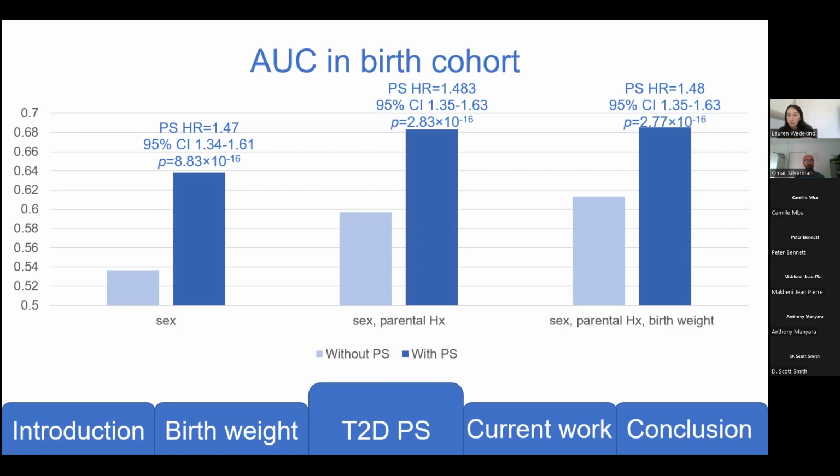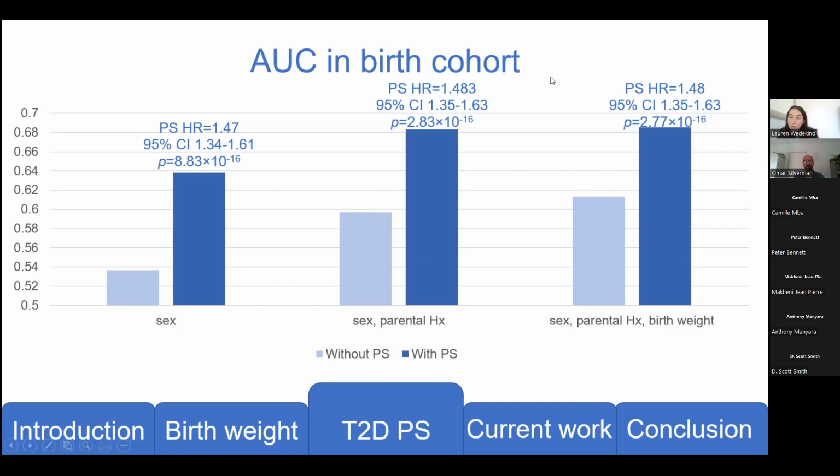And individual statistics, if you're interested, are listed just above with the polygenic score column. And then as you add more clinical variables, so as you go to the middle and add parental history, then that baseline model actually performs a bit better than sex alone. But then when you add the polygenic score, there's still a substantial improvement.